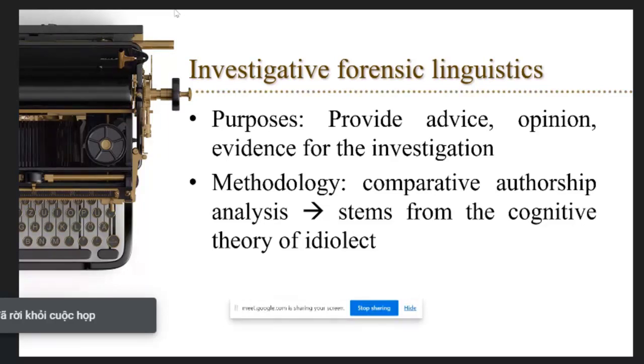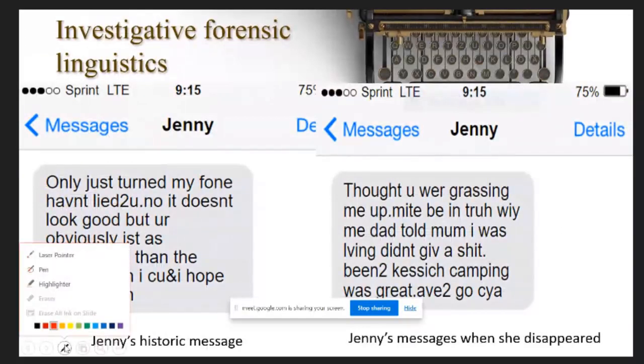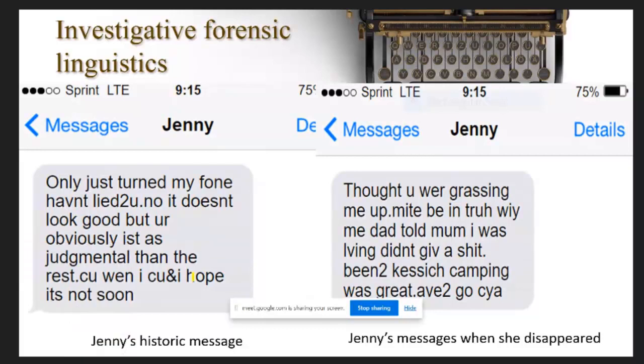So here is an example to make it clearer. This is the case of Jenny Nicole, a teenager in the UK who disappeared. In the period of 9 to 14 days after her disappearance, she still sent messages to her friend.